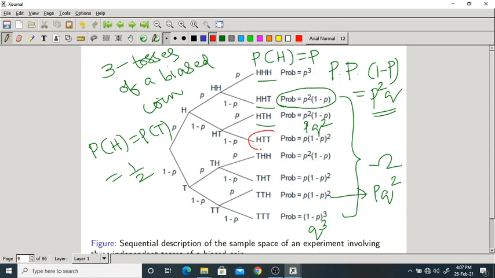This is one possibility: head, tail, tail. There is only one head. Here also one possibility: tail, head, tail. Here also another possibility: tail, tail, head. So these are 3 possibilities for the corresponding event. What is the event? Getting one head. And what are the corresponding probabilities? Head, tail, tail, P Q square. Here also P Q square. Here also P Q square. So all have the same probability, that is P into Q square or P into 1 minus P whole square.